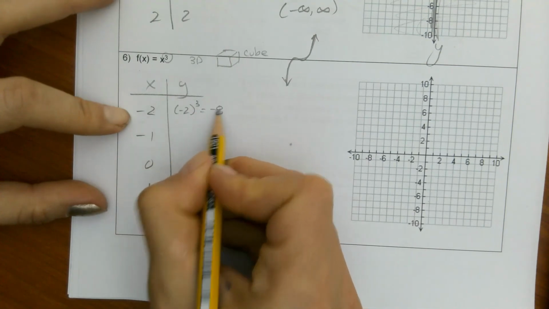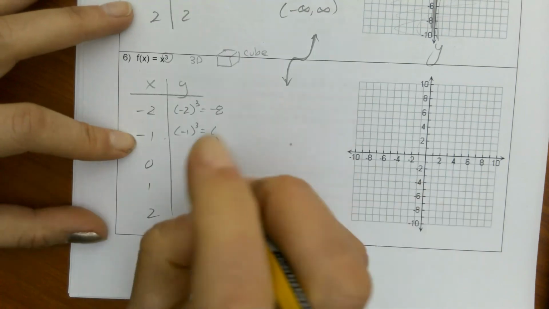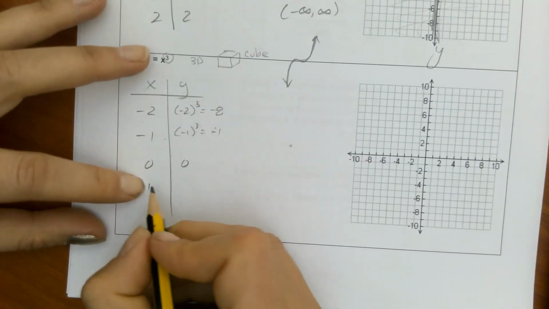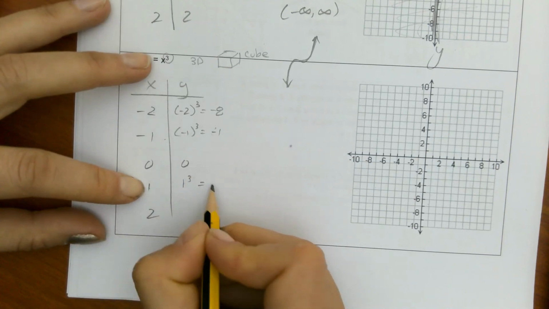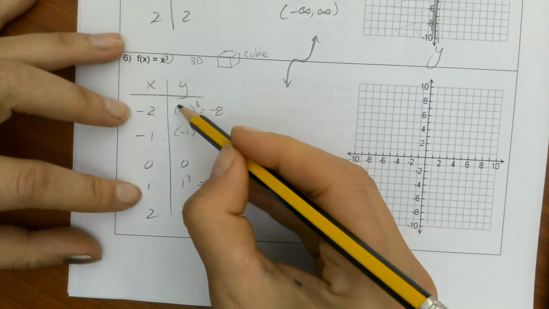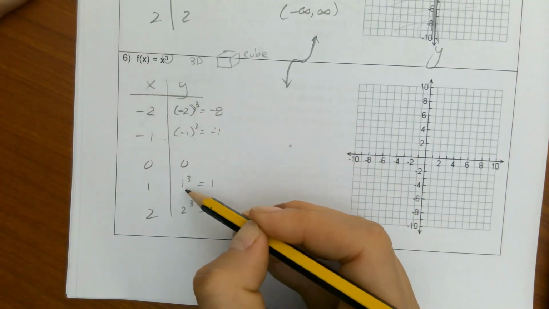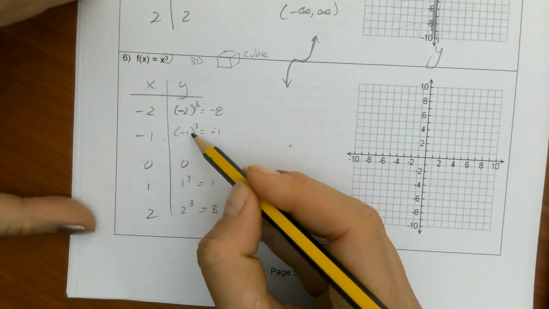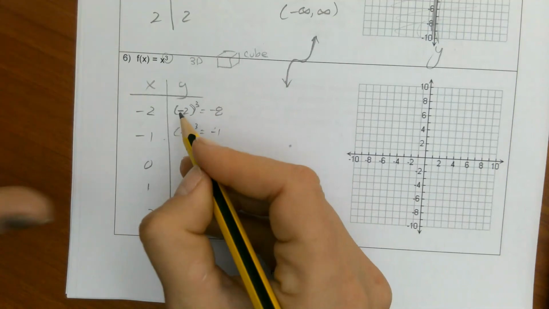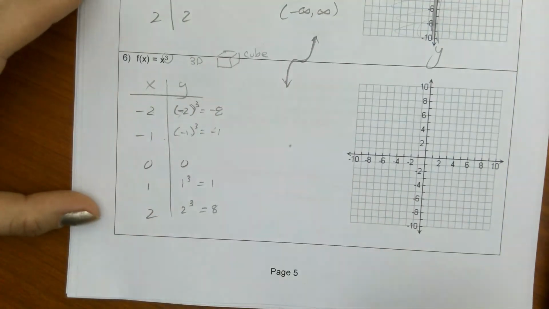Negative 8. What's negative 1 cubed? Negative 1. 0 cubed? 0. 1 cubed? 1. 2 cubed? 8. Here I used brackets because it's negative. Here I don't need to because it's positive. But make sure you use brackets in your calculator. Okay? It's a good habit to use brackets when you're using your exponents and you have a negative number.